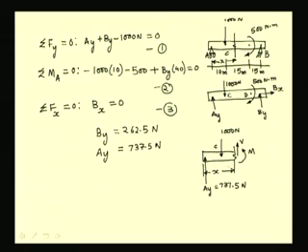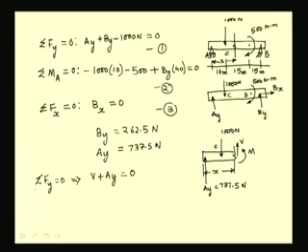Now, from this free body diagram, let us write the equations. First, let us write the force summation equation, which gives that V plus Ay should be 0, because we have the vertical component of the force V and the vertical reaction Ay.